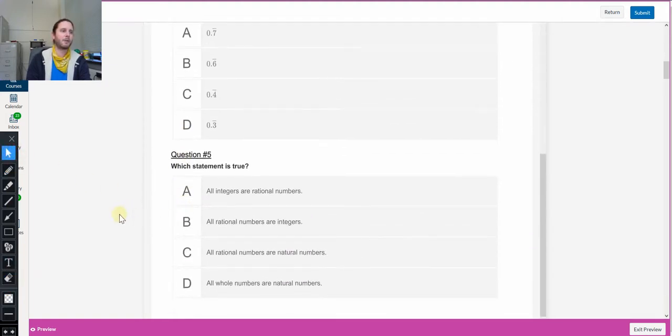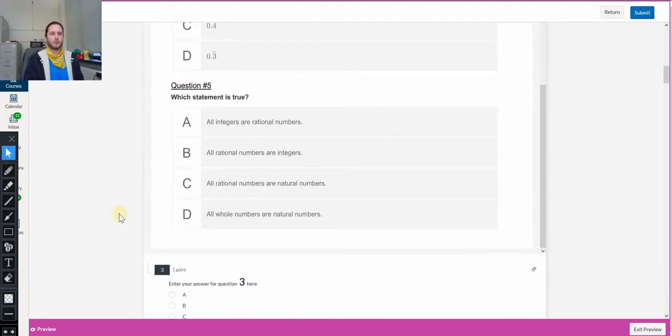And number 5, which statement is true? So this goes back to our first day of notes on Wednesday. All integers are rational numbers. Yeah, that is true. B is not correct. A rational number can be a decimal, integers cannot. C is not correct because natural numbers are numbers that you can count.